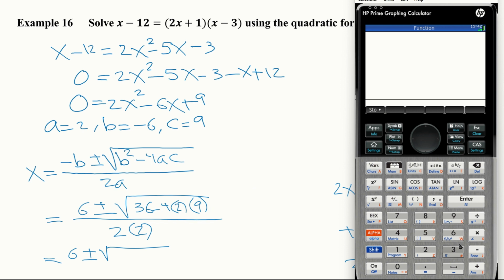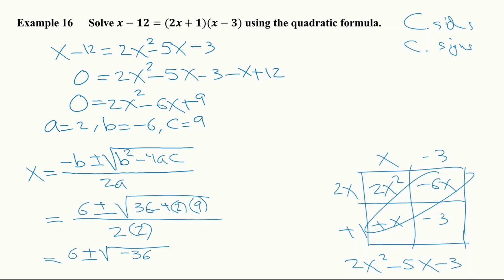But I want you to always just be safe and not miss points for simple calculations. Right? There you go. So just as we thought, it's negative 36. And then all over 4, right?